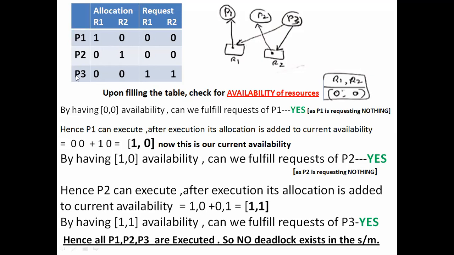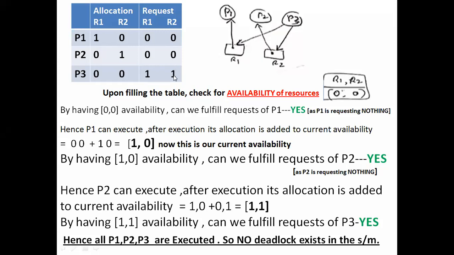Now we can look at the third process. This third process P3 is requesting the R1 resource as well as R2, because we have two arrow marks leaving the process P3 and pointing towards R1 and R2. Hence, I can write here 1 and 1.